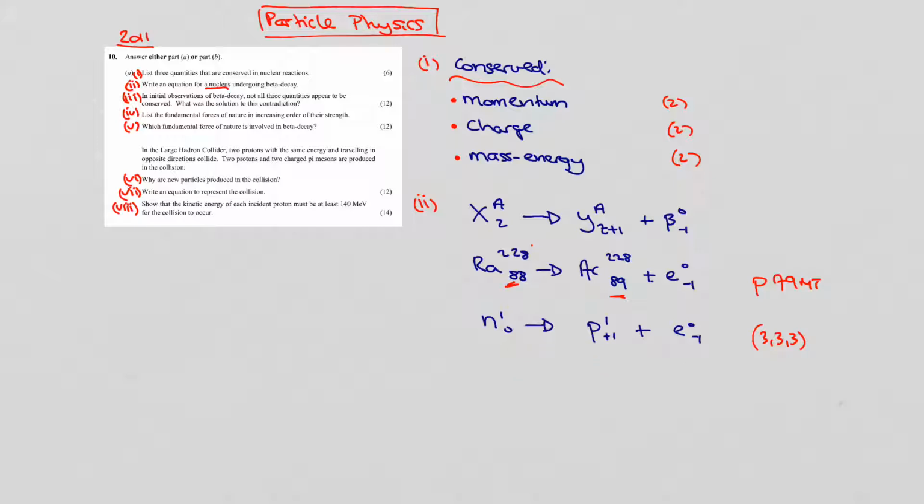So the third part of the question says, in initial observations of beta decay, not all three quantities appeared to be conserved. So what is the solution for this contradiction? Well, it was of course the proposal of the neutrino.